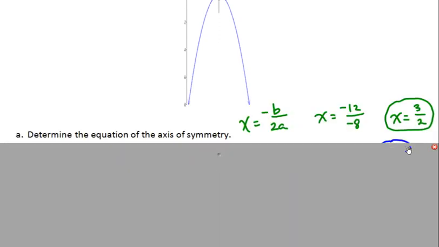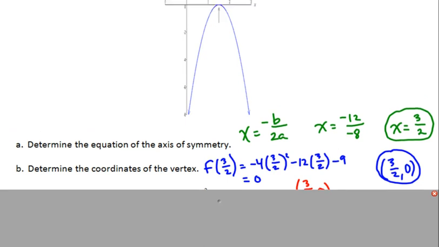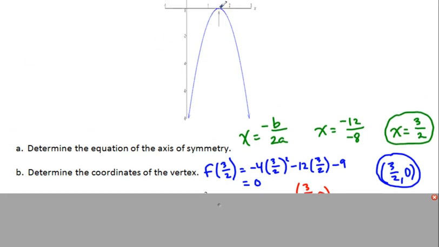So what we've got here is an axis of symmetry, which curiously is the same axis of symmetry as before, just a coincidence. And when we sub in, we've got a vertex of 3/2, 0, and that is confirmed with the graph right at that point. That is the point 3/2, 0.